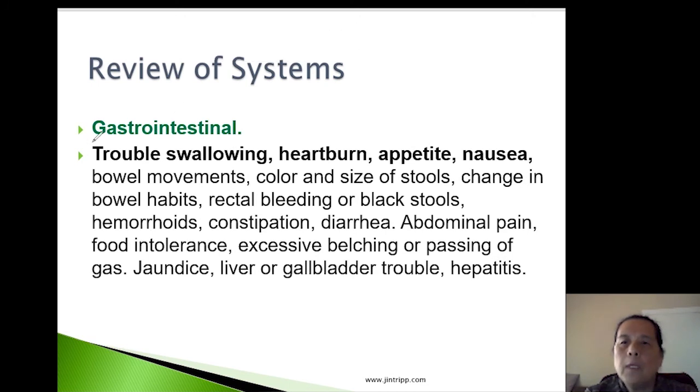Then we move into the digestion system, gastrointestinal. Still two medical words together. That's the stomach. That's the intestine.